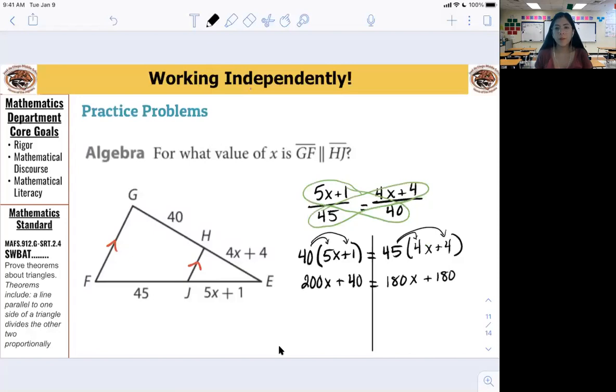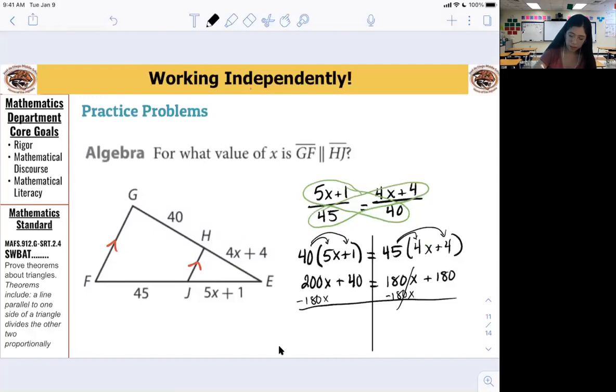All right. Well, now I need to solve this. So I have x's on both sides. What should I do? Minus 180x. Good. 200 minus 180? 20.